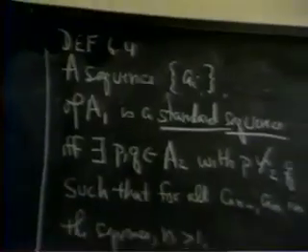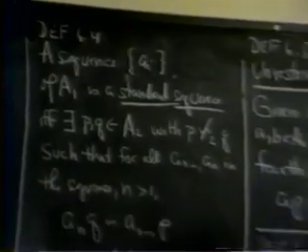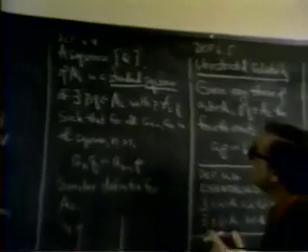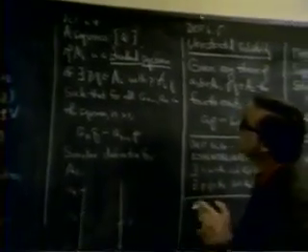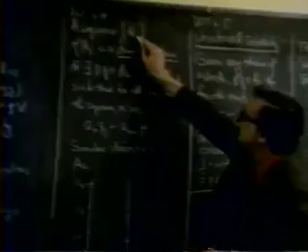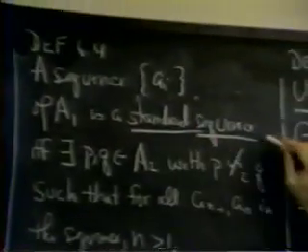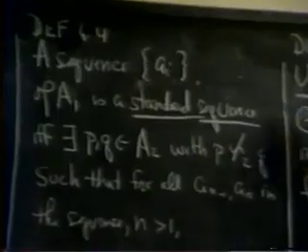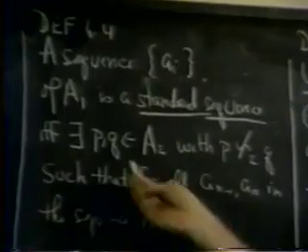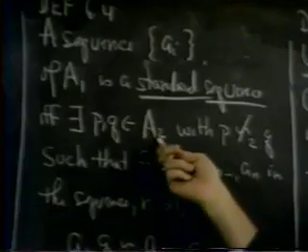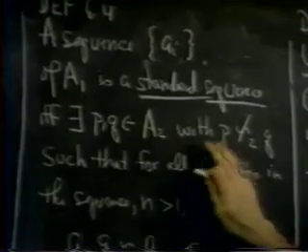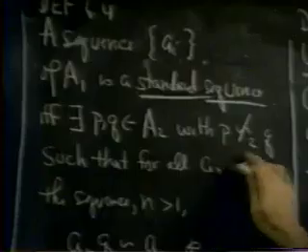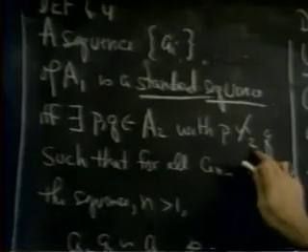And what we do is introduce again a concept of a standard sequence, a sequence of elements A sub I from the first component. It is said to be a standard sequence if and only if we can find two elements, P and Q, in the second component, chosen so they're not indifferent to each other in the induced order on the second component.